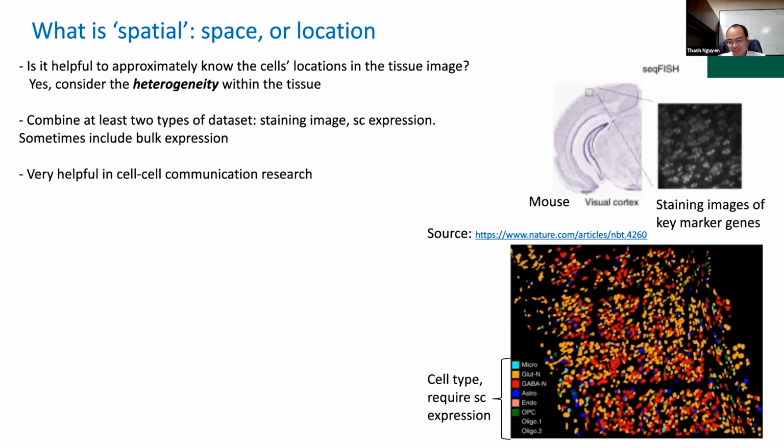This region doesn't have them. So we can analyze cell-cell interaction in small regions, and we can try to find out the signaling genes or signaling pathways of that small region, if the staining image is designed to highlight the genes we want to see.